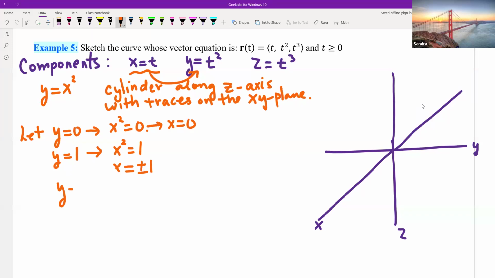If y equals 4, I get x squared will be equal to 4, so x will be equal to plus minus 2. I'm only going to be using right now the xy. No z's right now. Z can be any number, any value of z, because z happens to be free.